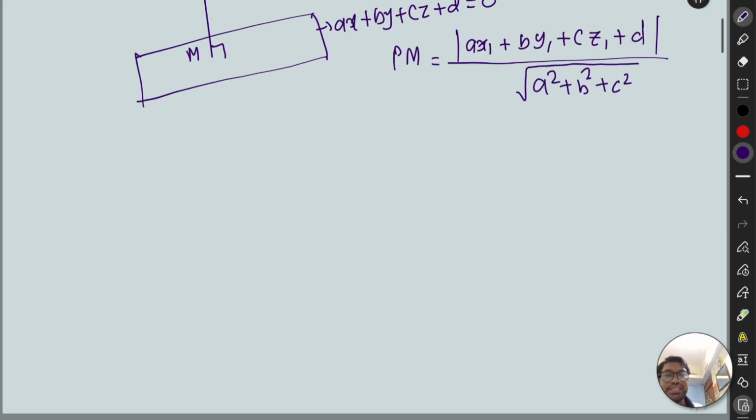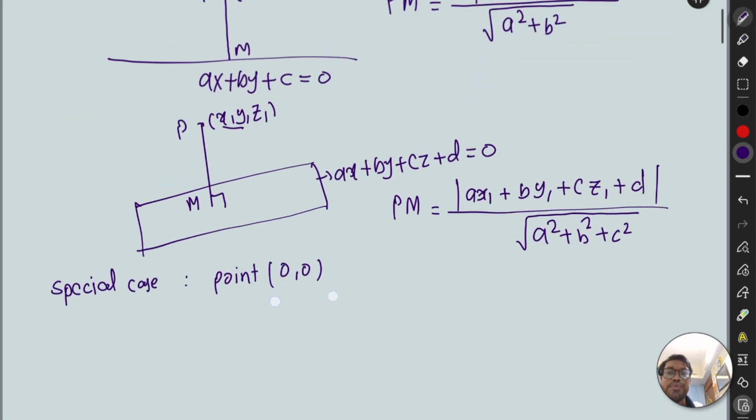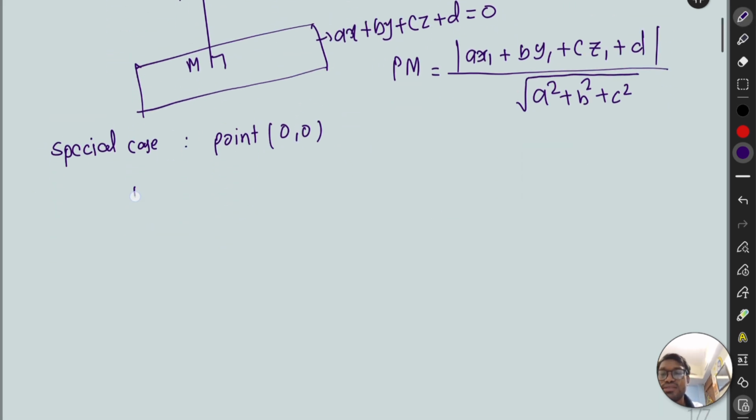In these two cases, there is a special case, where the point is just the origin (0, 0). So the distance of a point from the origin: find the distance from (0, 0) to the line ax plus by plus c equal to 0.